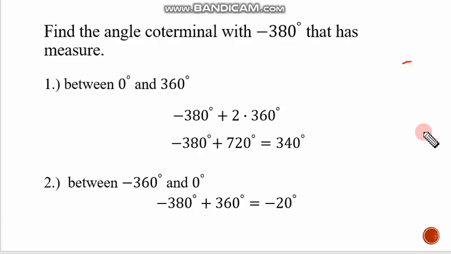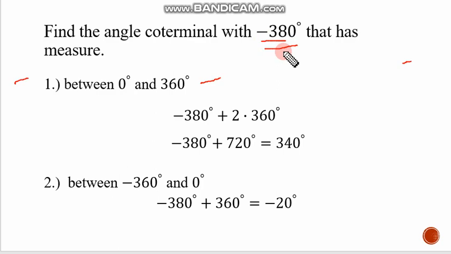For example, we will find the angle coterminal with negative 380 degrees. Of course, we can identify many coterminal angles with negative 380 degrees as our reference. However, we have a condition here: we will be locating an angle between 0 degrees and 360 degrees. So how many turns should we do?